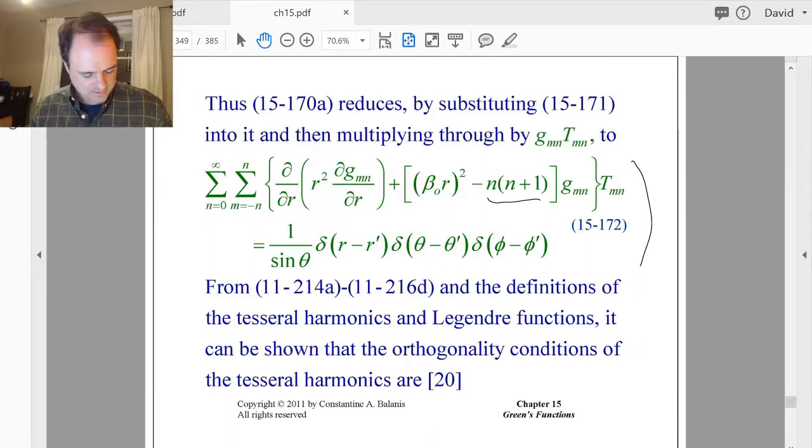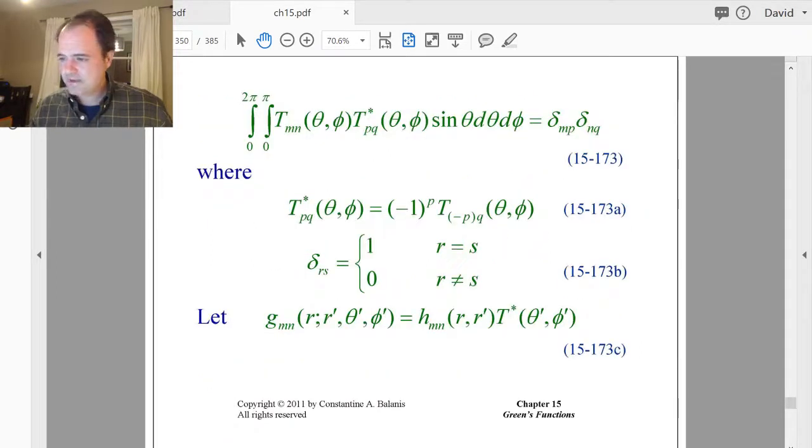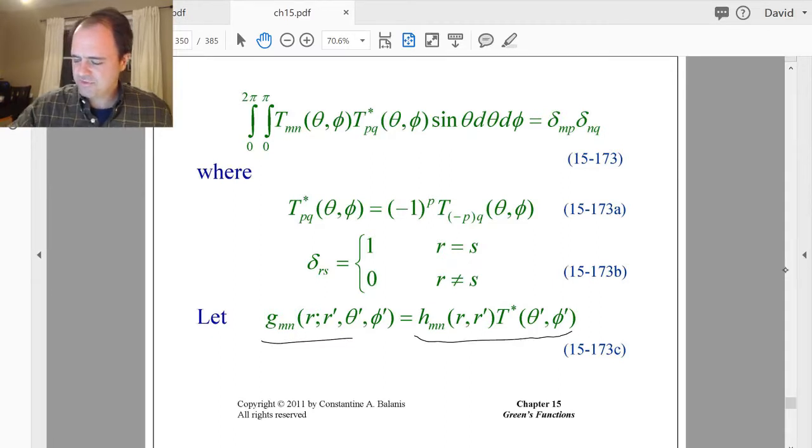All right, you still have to look at the tesseral functions, or orthonormal basis functions. Those are perfectly fine. And so with the G's, we're also going to let them be tesseral equations, but the G's have dependencies on r and r prime, and theta prime, and phi prime.